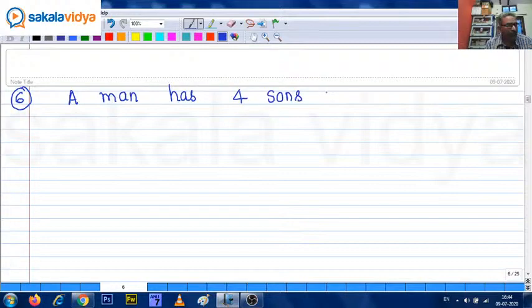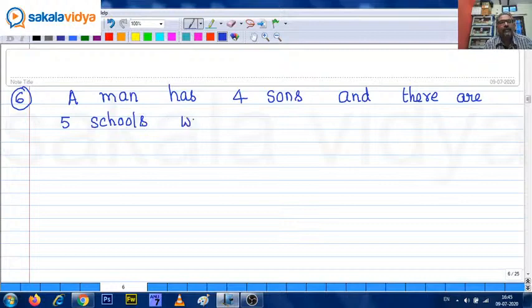He is blessed with 4 sons, and there are 5 schools within his reach.